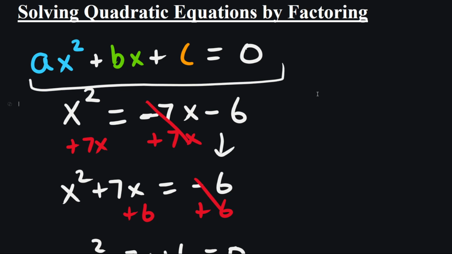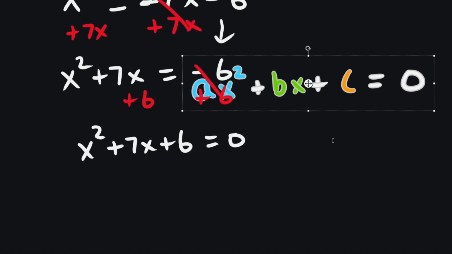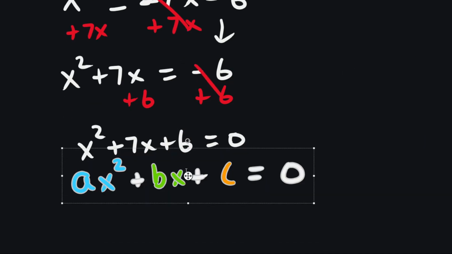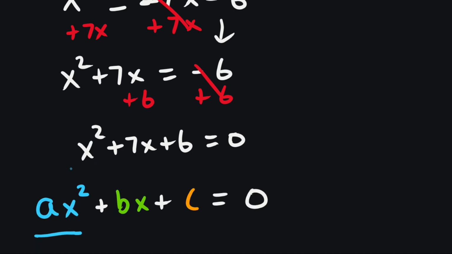And if we take a look, what are our three terms? What is our ax squared? What is our bx? And what is our c? So let's move this down here to make it easier to see. Our ax squared is right here: x squared, and you don't see a number in front of it.